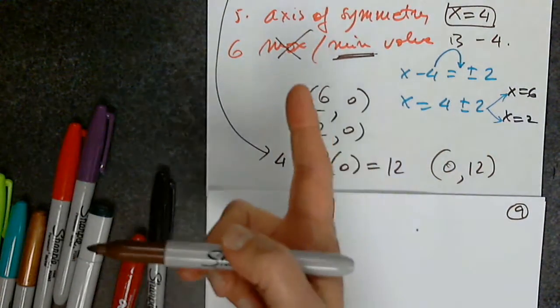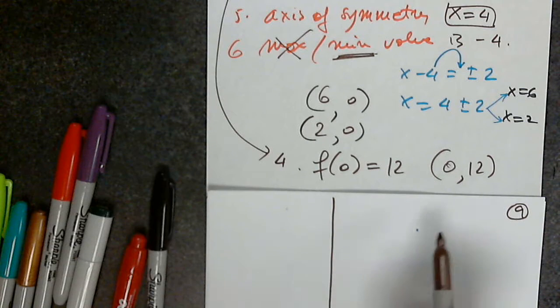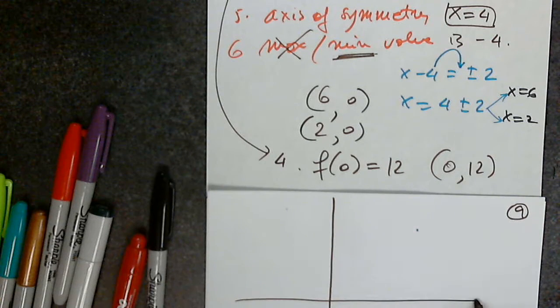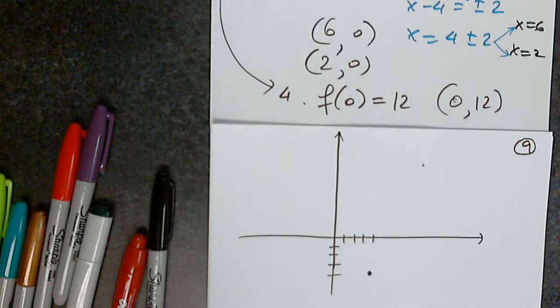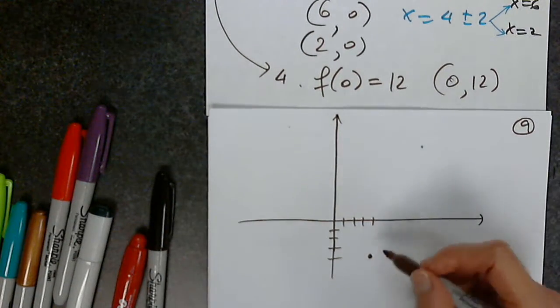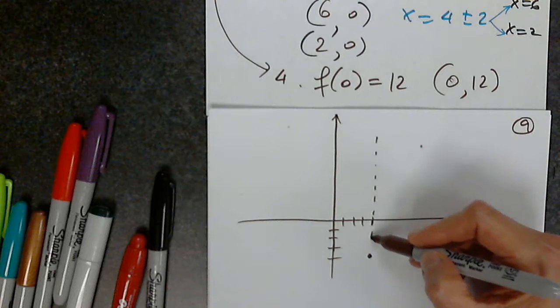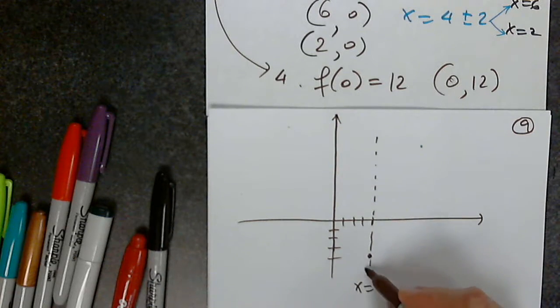The vertex is at 4, negative 4. 1, 2, 3, 4. 1, 2, 3, 4. So here's the vertex. Here's the axis of symmetry, x equals 4.